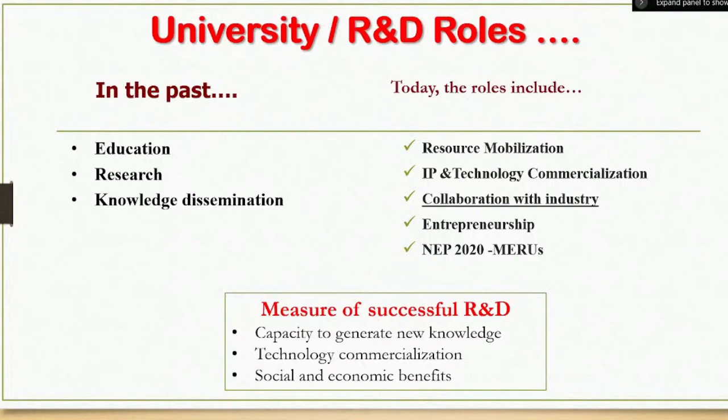Resource mobilization has become a parameter in assessing the performance and quality of an education institute. Institutions that are earning more money show that their faculty, research scholars, team and management are good, because whatever knowledge they create and services they offer, they are able to mobilize resources for the institution.